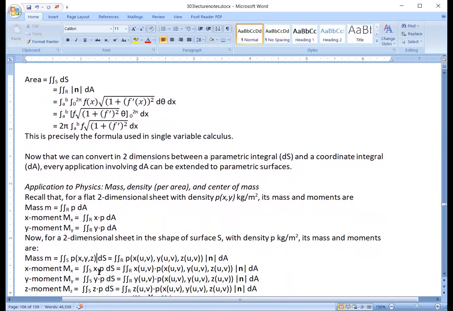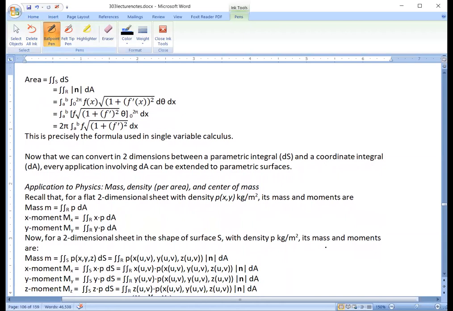And then it works out very similarly for the x moment and the y moment. And now because we're in three coordinate space, there's going to be an x moment, a y moment, and a z moment. So just as a quick reminder, we are in a three-dimensional space. Therefore, whatever the moment or the center of the surface is, the center is going to exist in our three coordinate space, x, y, and z.